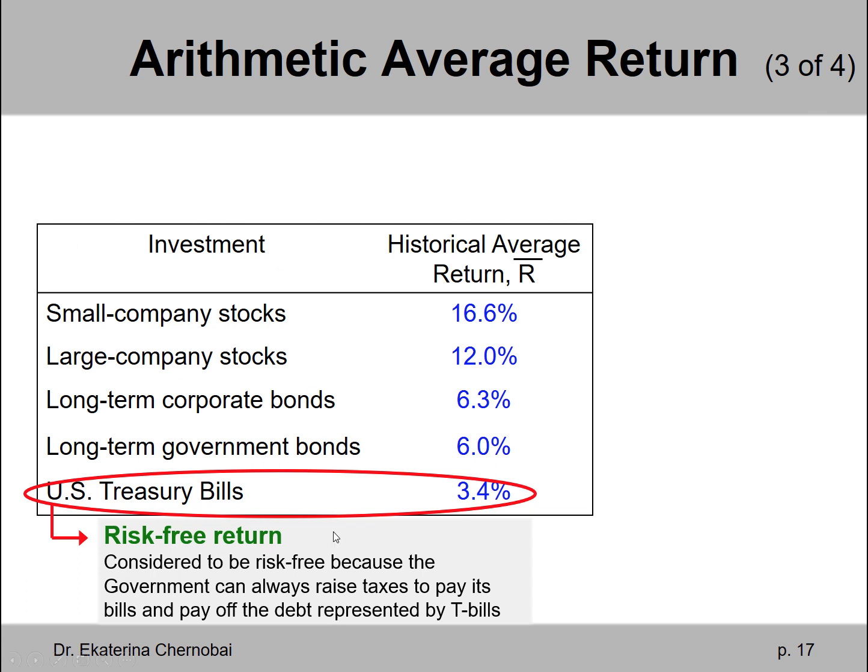So when you buy bonds, the interest you earn is coupon payments, right? Treasury bills are considered to be risk-free because the government can always come up with the necessary money to pay to the investors by, for example, raising taxes.